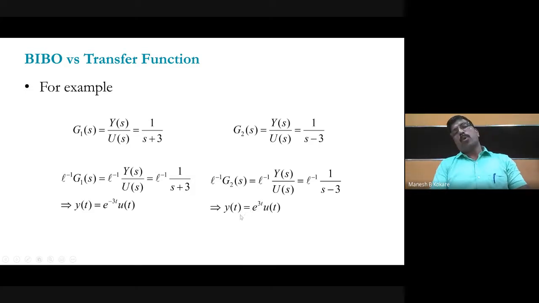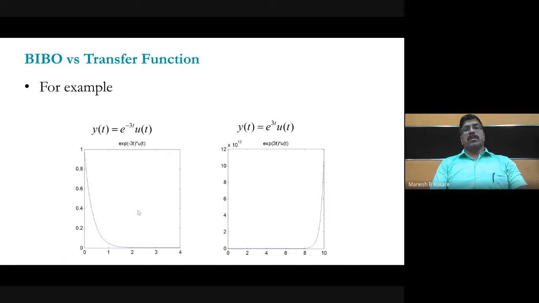So your output will reach infinity even if there is no input. Such a system is said to be unstable, whereas the other is a stable system. So e raised to minus 3t will reach 0 in the absence of input, but e raised to plus 3t will reach infinity even if there is no input, as time goes on increasing.